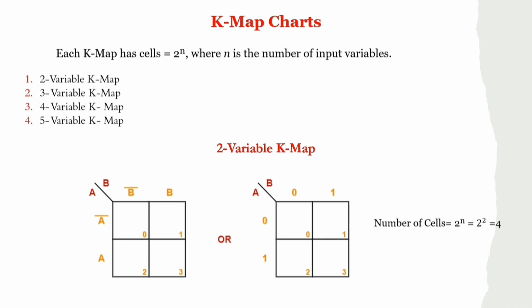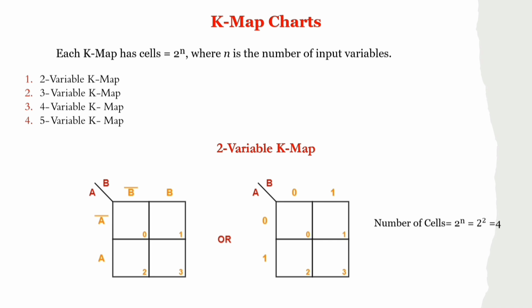This means our 2-variable K-map will have 4 cells representing 4 possible combinations of inputs a and b. In the chart, the rows correspond to the values of a and the columns correspond to the values of b, and each cell corresponds to a minterm or the combination of a and b.